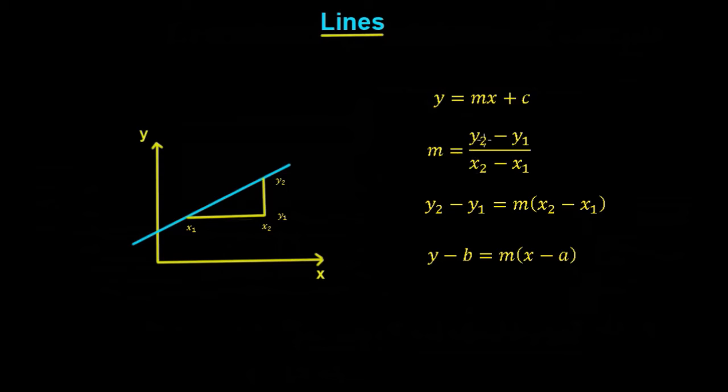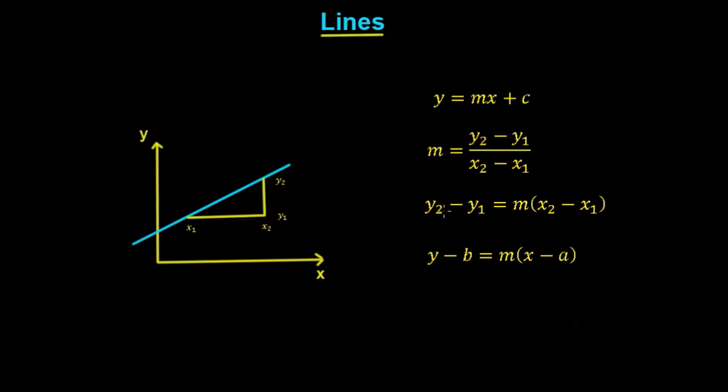Now what we can do is get rid of the x2 minus x1 from the bottom. We just need to multiply by x2 minus x1. Now those will cancel, but if you multiply this side by x2 minus x1, you have to multiply the other side by x2 minus x1. So we've just done that, and we're left with y2 minus y1 equals m times x2 minus x1. So we've just done something called transposing the equation. We've taken this part of the equation over to this side.